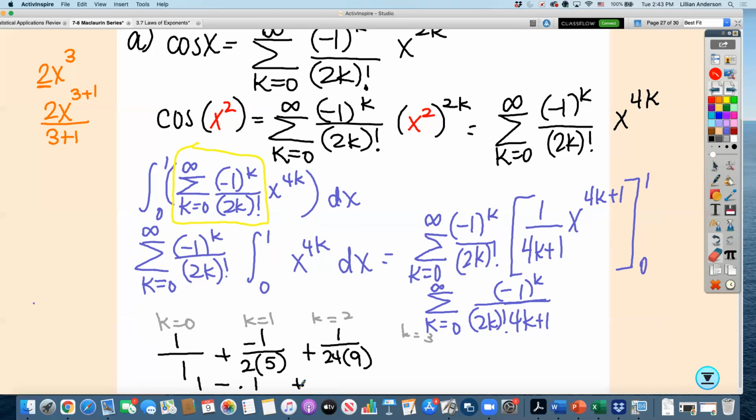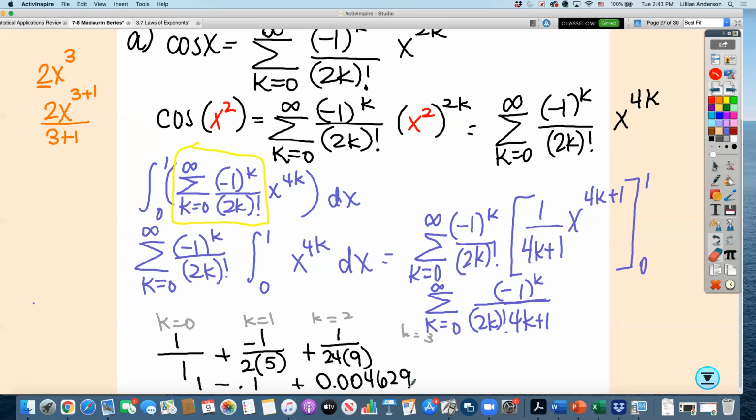It's 216, so it's 1 over 216. What's 1 divided by 216? I need calculators, because I do have to do 4 decimal places. So somebody tell me what that is. What's 1 over 216? 4629.